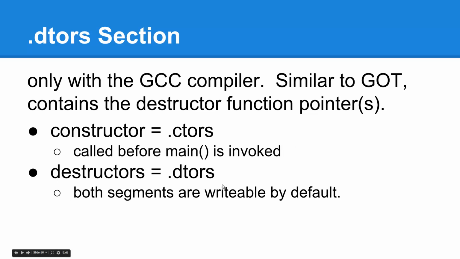So the dtors is something that's going to get called at the end of the binary's life cycle, or at the end of the scope of a function that declares and uses an object. And it might be an effective alternative technique to GOT exploitation, hijacking the instruction pointer by overwriting function pointers.